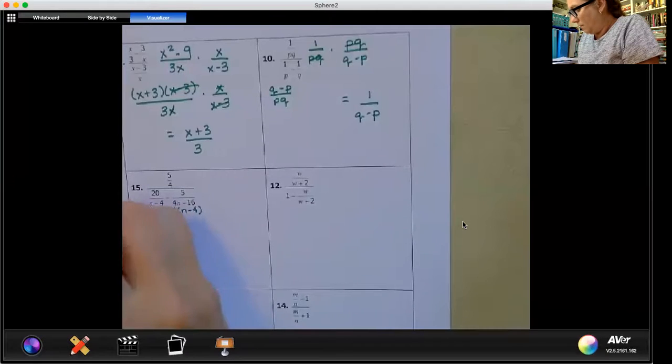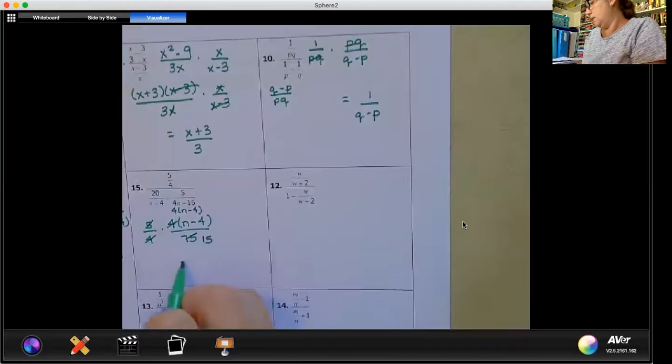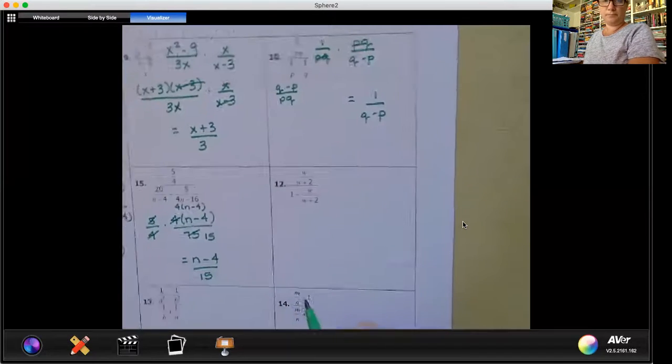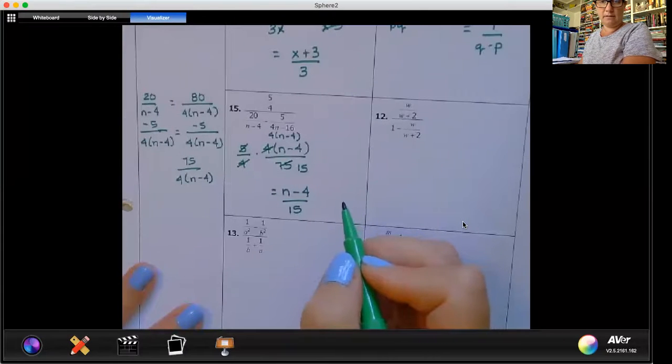So multiply by 4 and stay the same, and you get 75 over 4 times n minus 4. So 5/4 times 4 times n minus 4 over 75. 5 goes into 75 15 times. So you have n minus 4 over 15. And there's the work I did out to the side if you missed that.